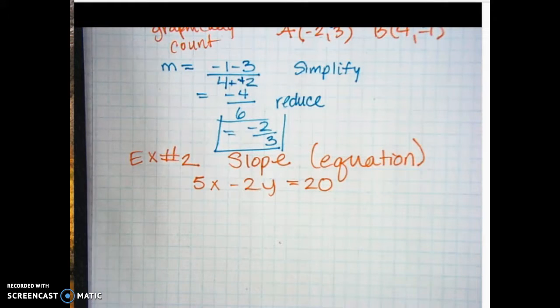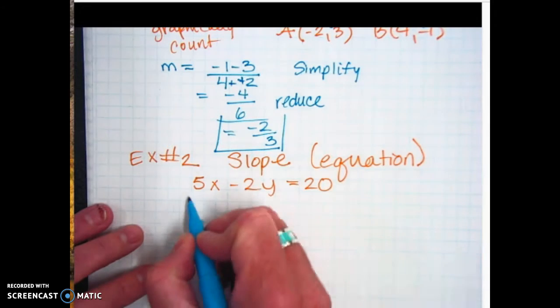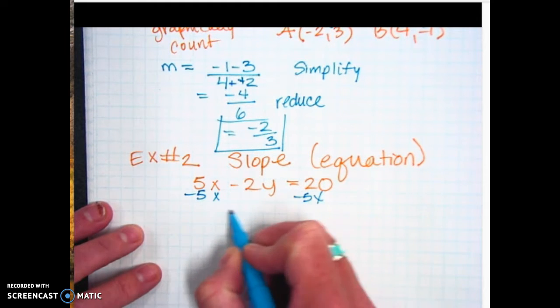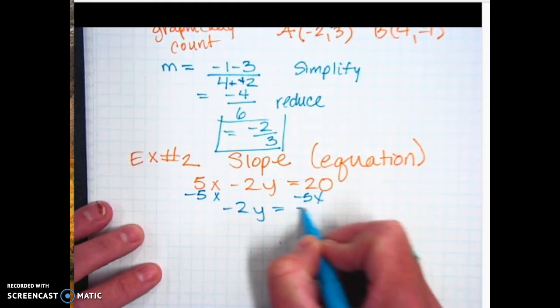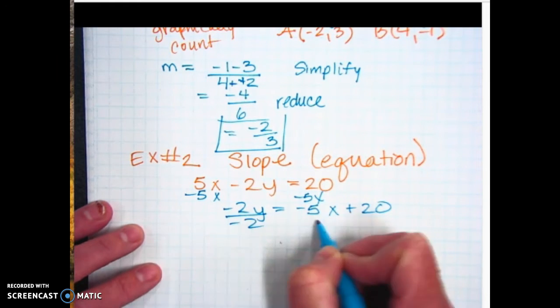So you want to take that equation and just put it in slope-intercept form and then just look in the m spot. Whatever's in the m spot is going to be your slope, okay? So subtract the 5x from both sides. You should have negative 2y equals negative 5x plus 20. Divide everything by negative 2.